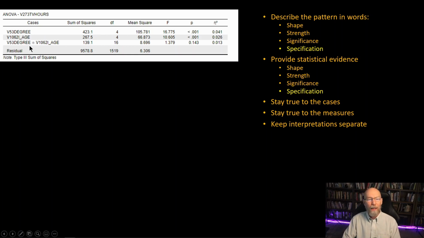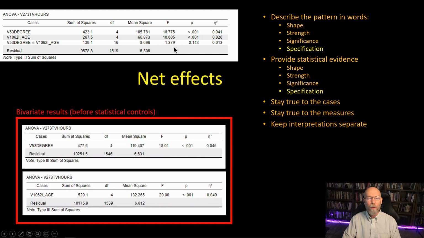Degree times age, that's a way of checking if there is an interaction effect. So we'll need to unpack that. And then we'll look at the other things as we get further down the slides. So to make sense of what we see here, particularly these top two p-values and these top two eta squared values, we need to go back and look at the bivariate results, what they were before controls.